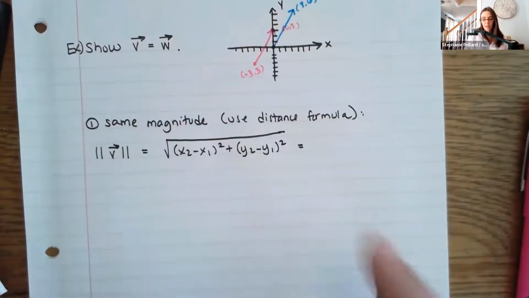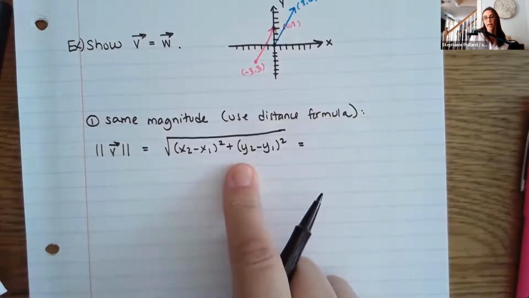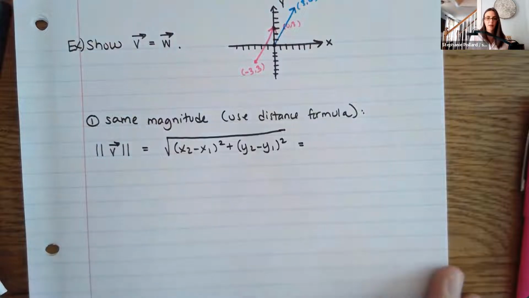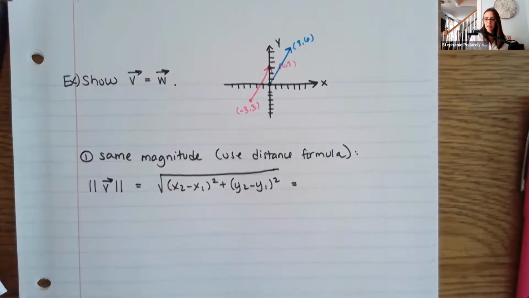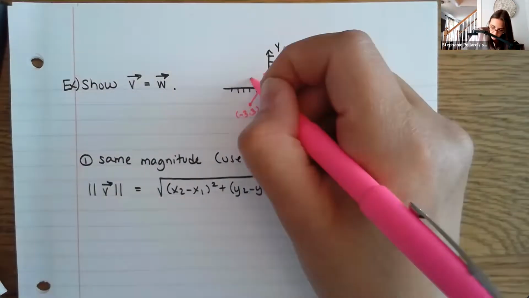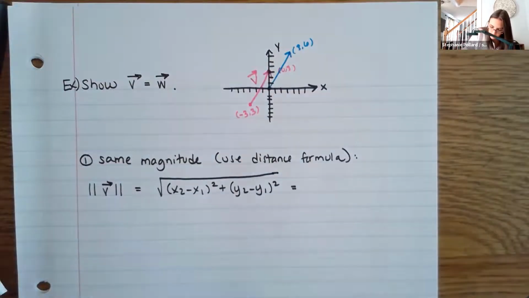And in case you forgot, here's the distance formula. So we're going to subtract the x values and then subtract the y values, square both, and add together. So for v, oh, I should label these. That would help, huh? That's v, and this is w.